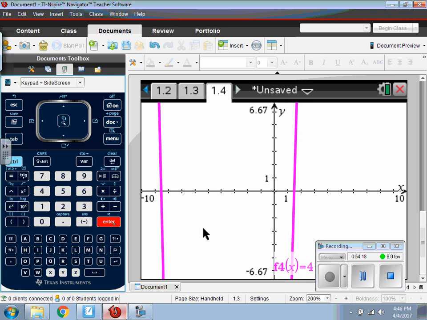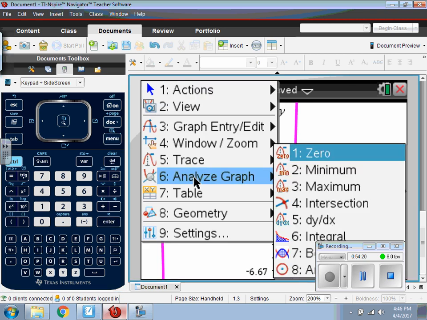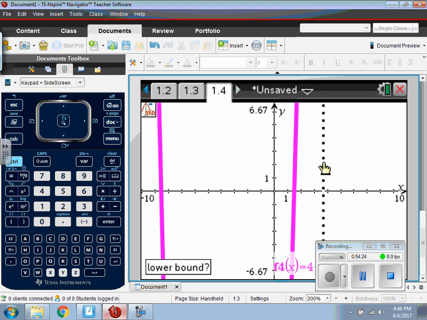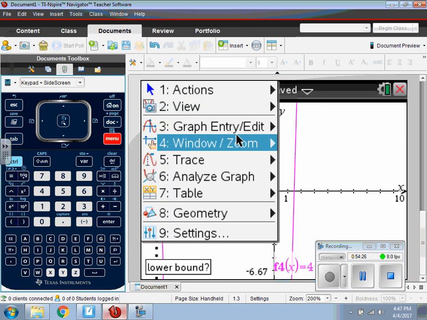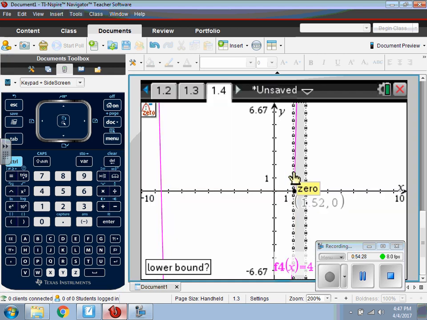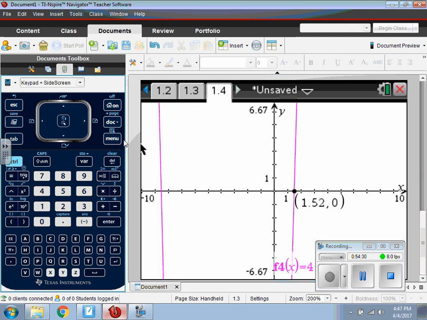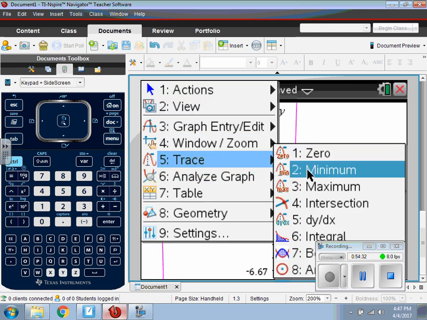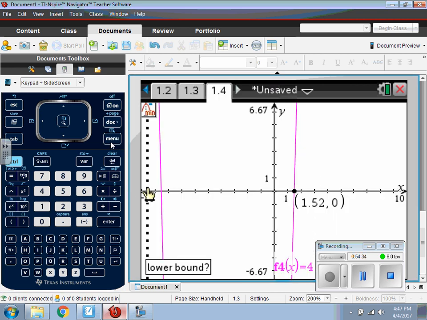Boy, those zeros don't look very good, do they? They don't look like they hit at nice spots on the x-axis. Oops, wrong one. I hit minimum. Analyze graph, zero. I get a decimal. Yeah, that's okay. Oh, I hit minimum again. All right, so I get a negative 8.52 and a positive 1.52.